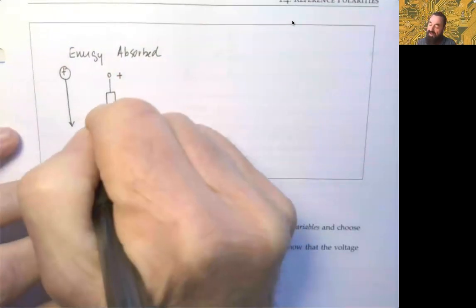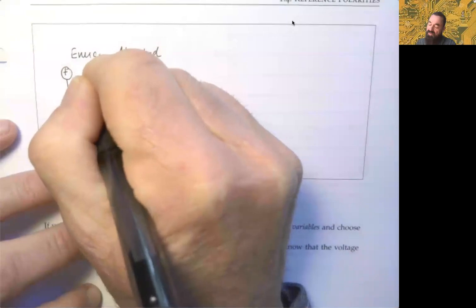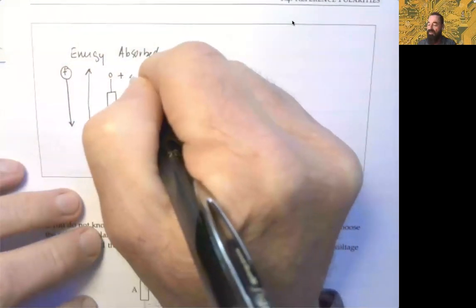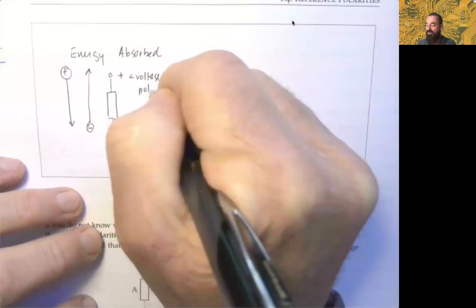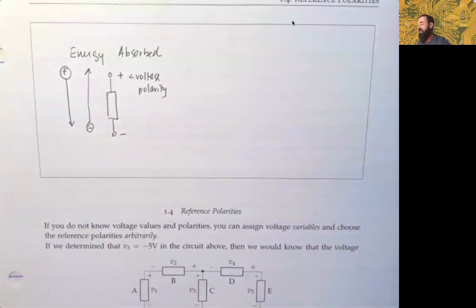Or you could have a negatively charged flow coming through the negative polarity of the circuit element, where again, these are the voltage polarities. So that's an indication of how energy would be absorbed.